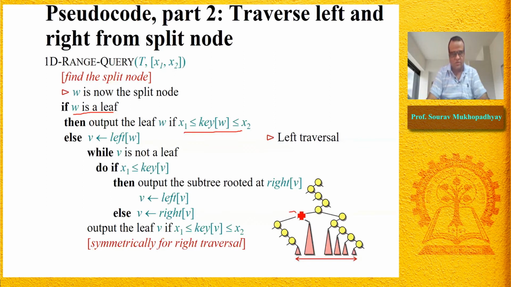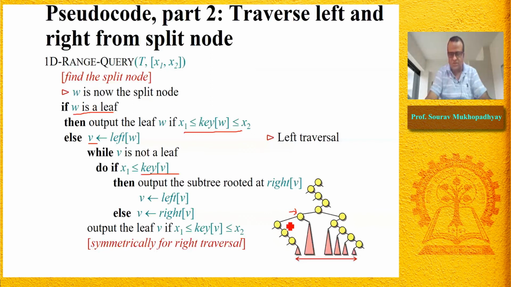Otherwise, this is the left traversal. We take v to be our left child, and then again we check whether this is a leaf node or not. If it is not a leaf node, we check whether x1 is less than the key value of this node. In that case, we have to go to the left again. When we are going to the left, all the leaves over here are in the range, so we have to output this.